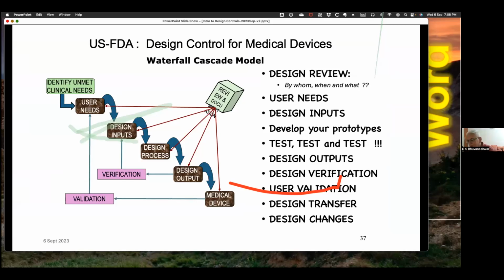Then you make sure your design outputs meet your design inputs. So you do all your test verification, do your reviews and documentation, and then you're ready to move on to a pilot scale production or batch production for clinical trials, so that you validate your product against the user needs. So this is, in summary, what design control is.